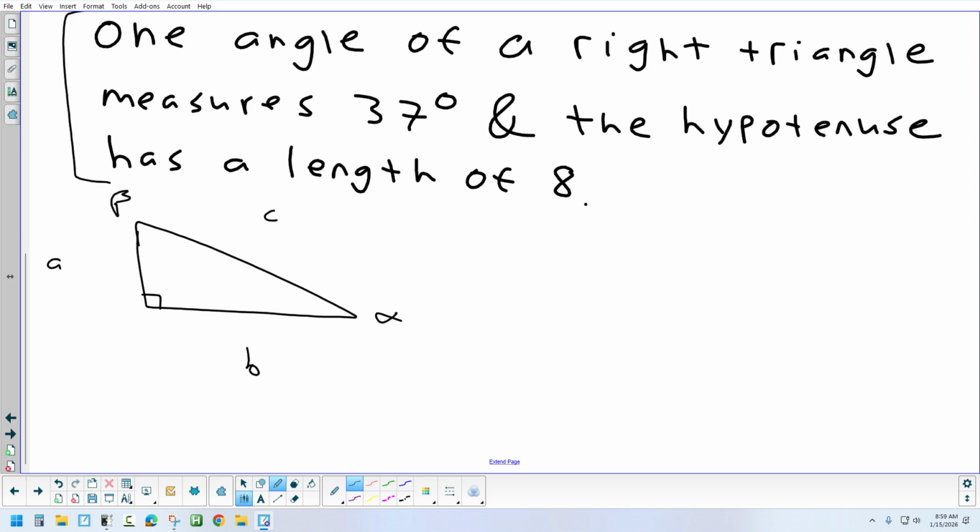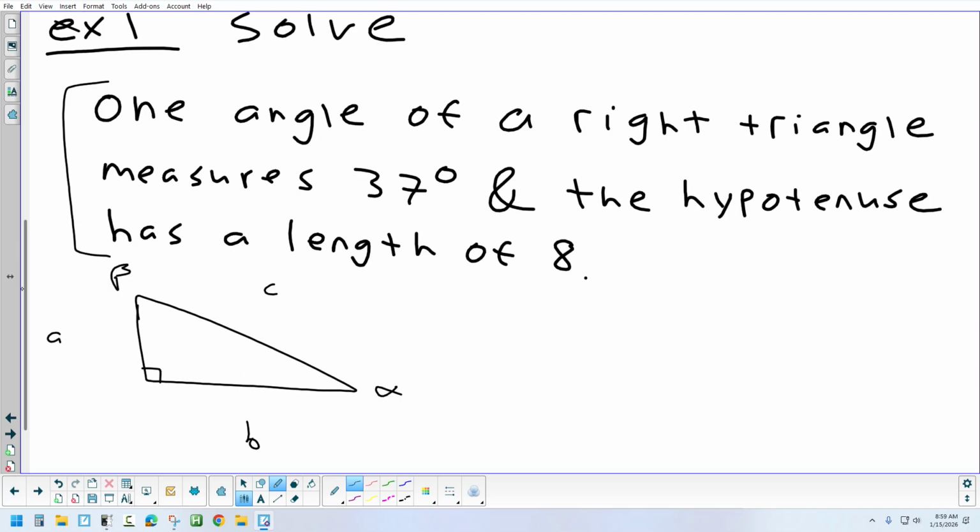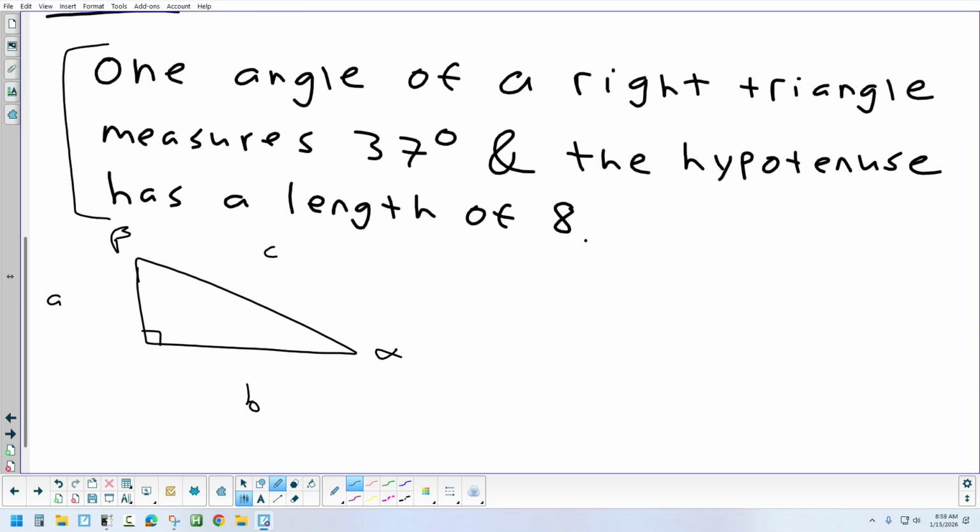Okay, so that's just a generic diagram. Now I'm going to start filling some things in. It says one angle. They don't tell me which angle. It could be alpha or it could be beta. In this problem, you could pick either one. If you pick alpha to be the 37 and somebody else picks beta, you're going to get all the same answers. Your A and B are just going to switch places. That's fine. Okay. So I'm going to make alpha the 37.